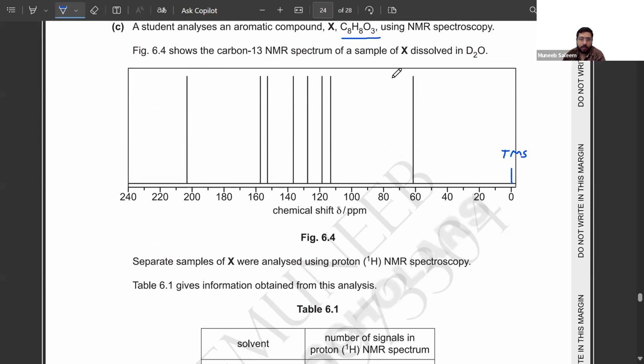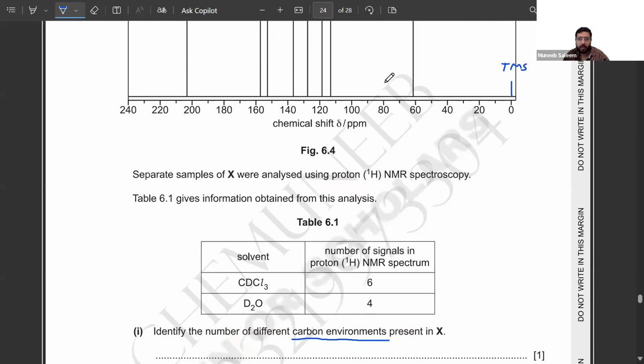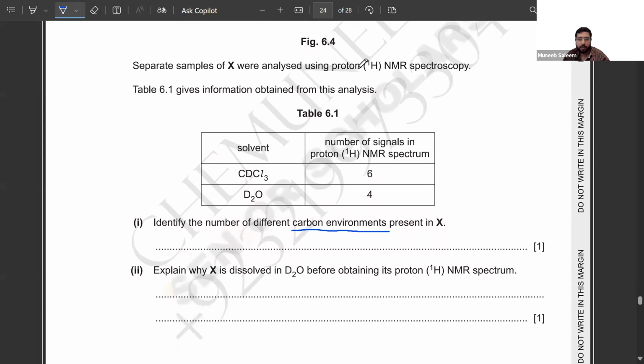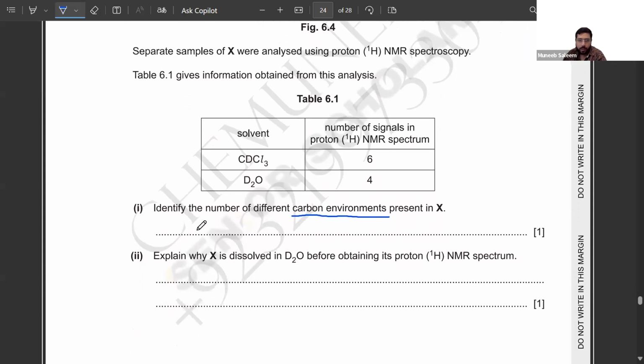But we are left with these discrete lines, which indicate different chemical environments of the carbon. So we just need to count them: 1, 2, 3, 4, 5, 6, 7, and 8. So if there are 8 different lines, it means that these are different chemical environment carbon atoms. So different carbon atoms will be 8 here.